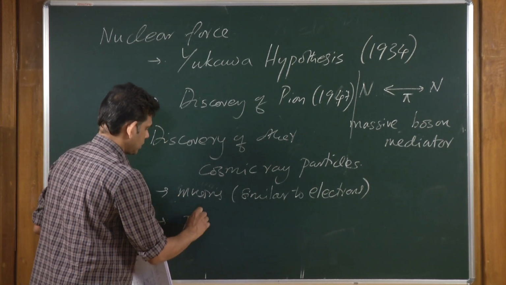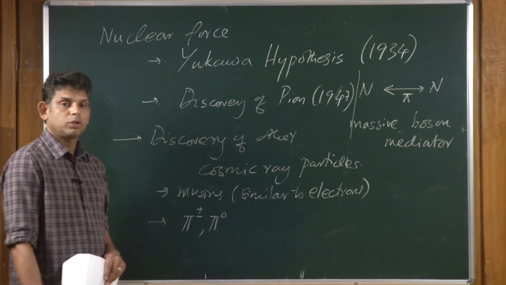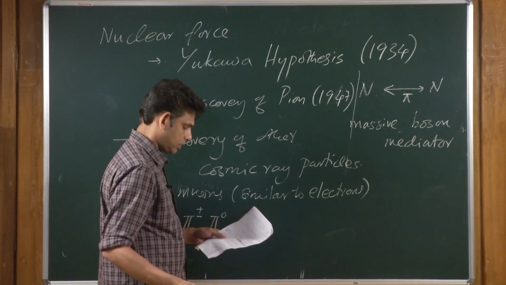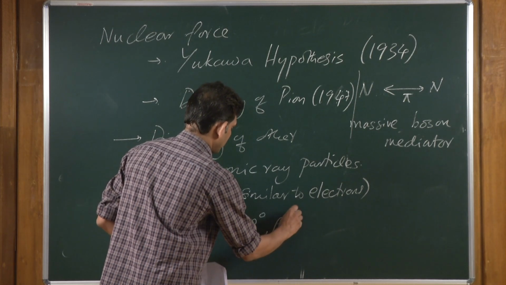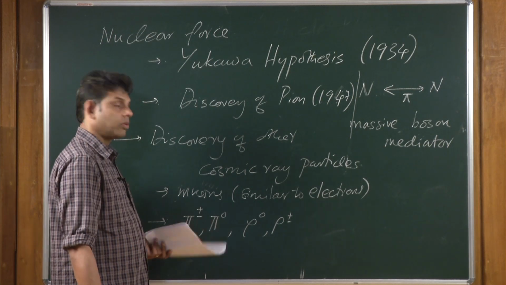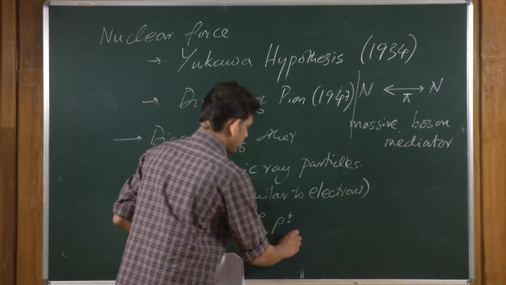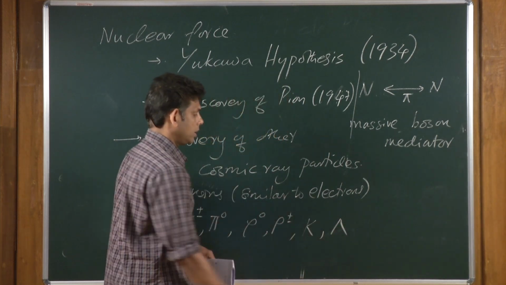So, pions come in different charges: neutral pions, plus minus pions, rho 0, rho plus minus, heavier particles something similar to pions, then K mesons, and then lambda particle, etc.